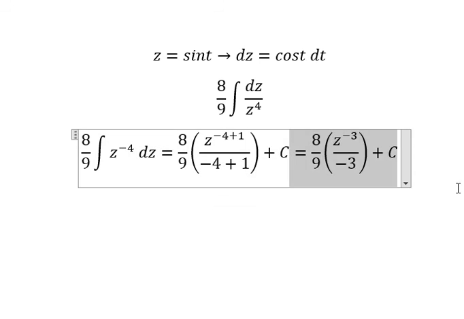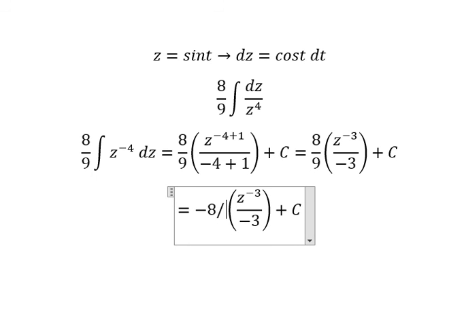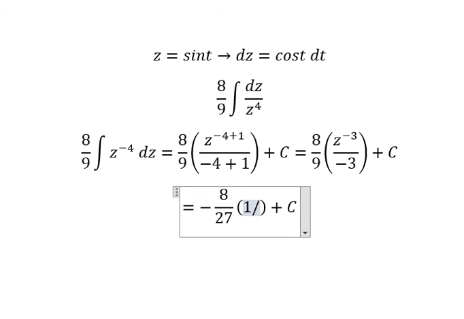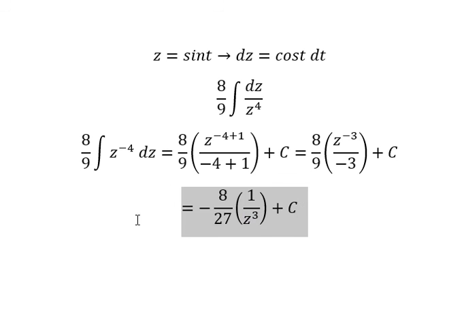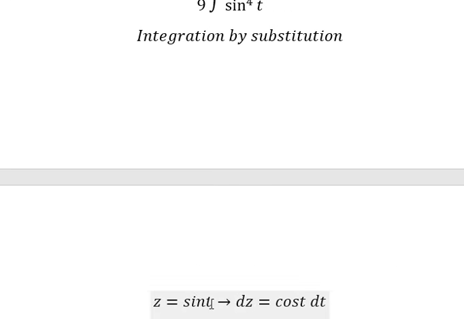Now, negative 3 with 9, you get negative 8 over 27. This one, we put 1 over z to the power of 3. For z, that is sine t.